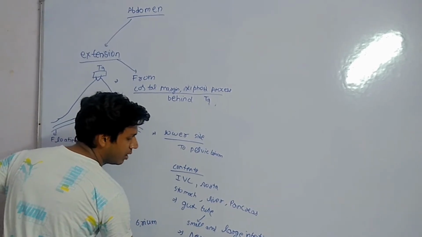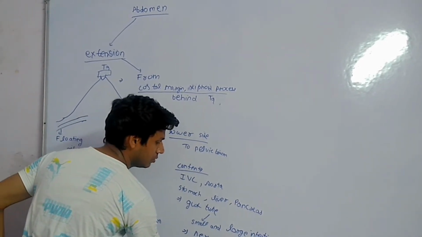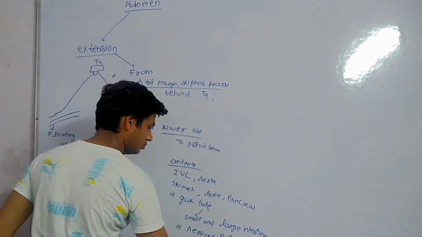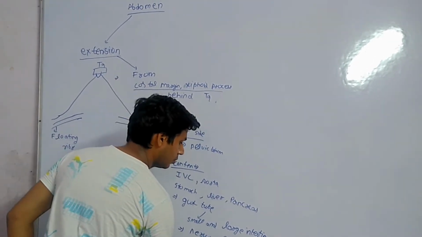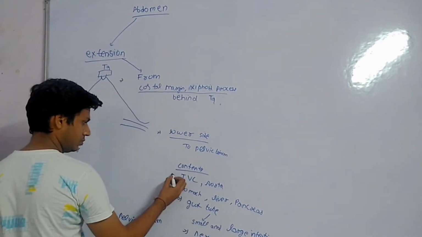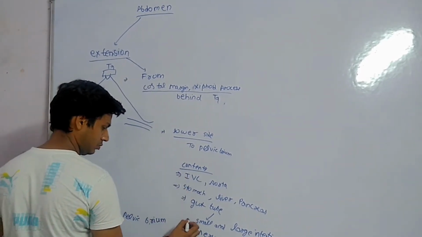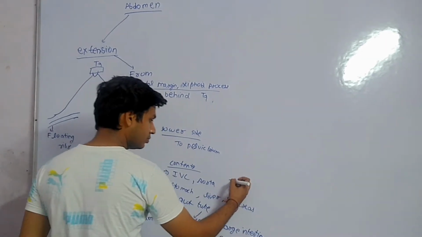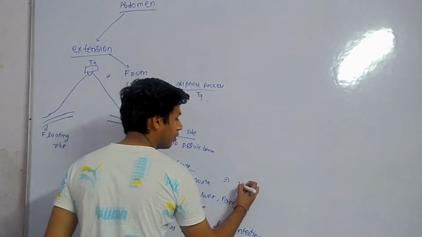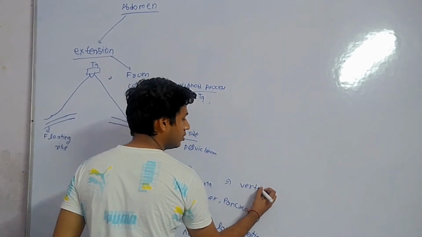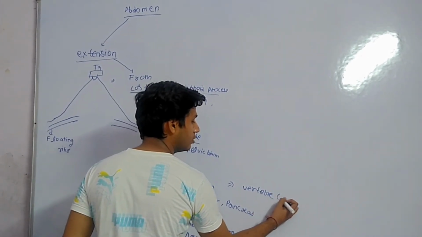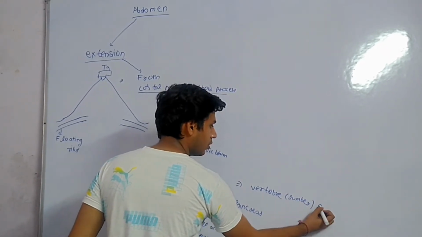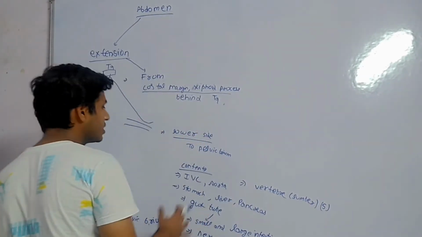There are many nervous plexus. Other vertebral, lumbar vertebrae, five in number. So these are some important contents.